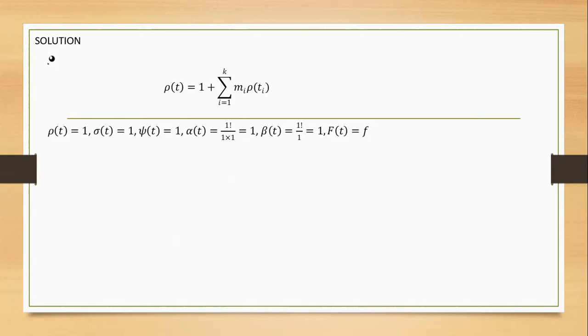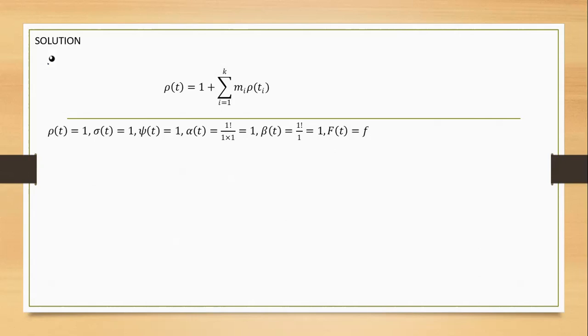Also, because we don't have any leaf, we cannot see any symmetry. Then our order of symmetry is also equal to 1. The same thing for our density, which is also equal to 1. Our ordered set is 1 factorial divided by 1 times 1, which is also 1. And our unordered set is 1 factorial divided by 1, which is 1. Then the differential will just be f, because it's just a leaf.